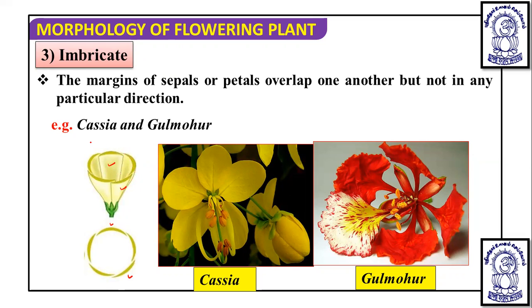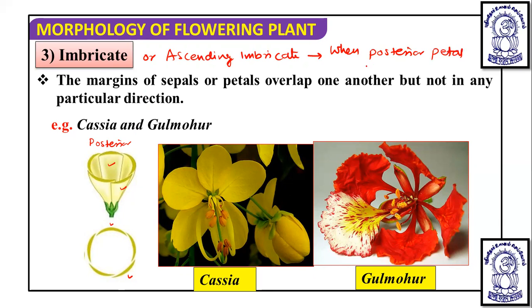And this is the posterior side. So when the innermost is on the posterior side, or the posterior petal is the innermost, which means both margins are overlapped, then it is known as ascending imbricate. Ascending imbricate, when the posterior petal is located innermost.